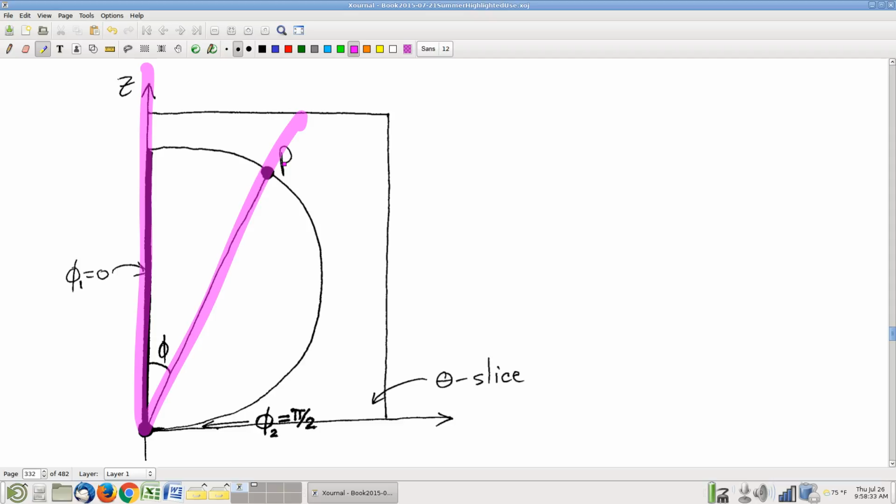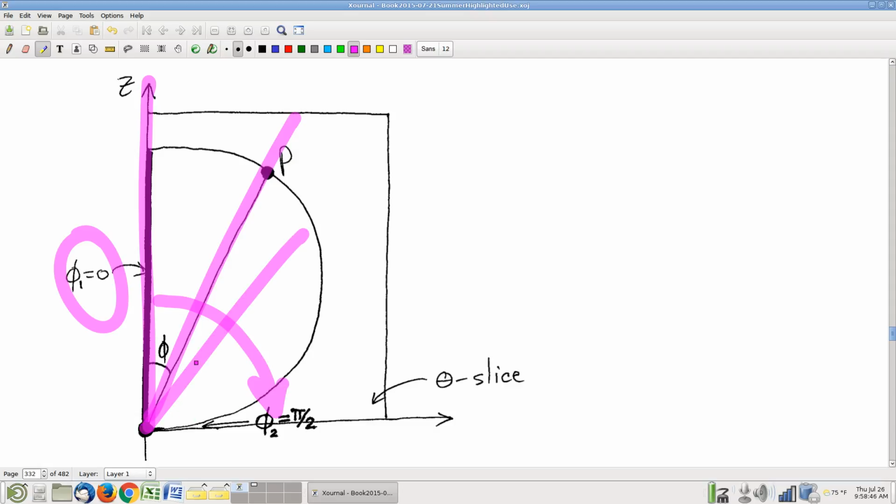Right? Okay, so this is what a phi slice looks like, and there's the first one at 0, and they keep getting shorter and shorter as phi gets closer and closer to pi over 2, and the last slice is there at pi over 2.